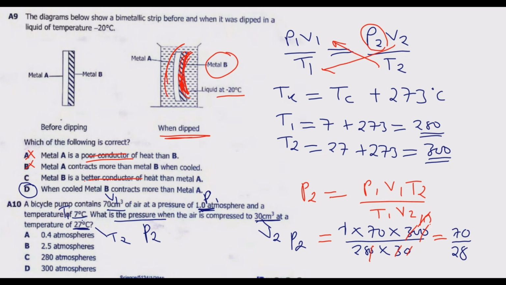When you simplify this, 7 into 70 is 10, 7 into 28 is 4, and 10 divided by 4 is 2.5. So we have 2.5 atmosphere as our pressure, which is B. So this is how you answer this question. Where you need to be careful is converting the temperature to kelvins. If you can do that, you are good to go.